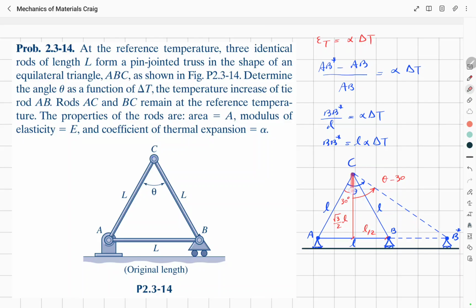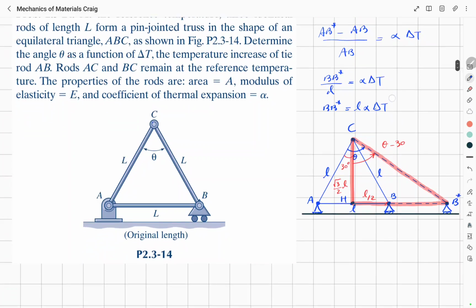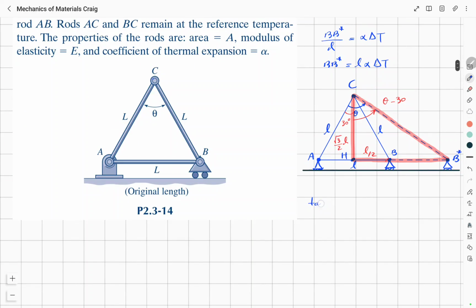So for this triangle, if we name this point H, we can write tangent of theta minus 30 would be HB star divided by CH.